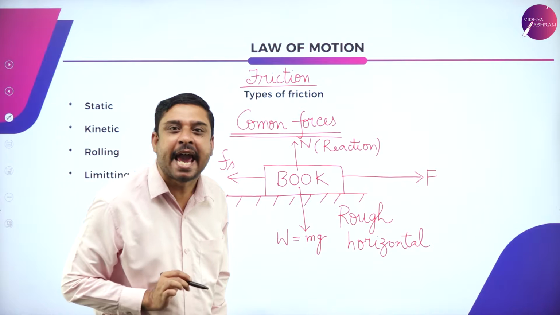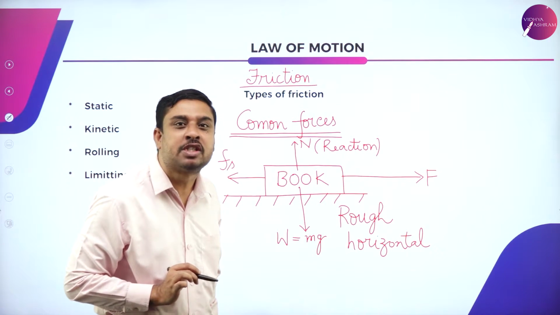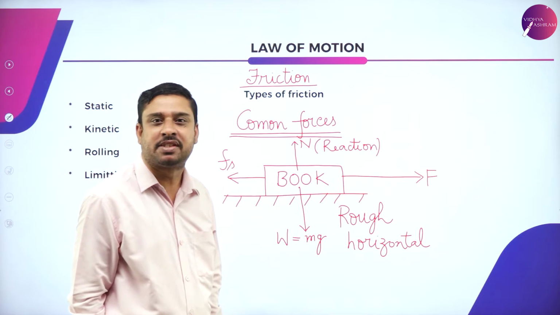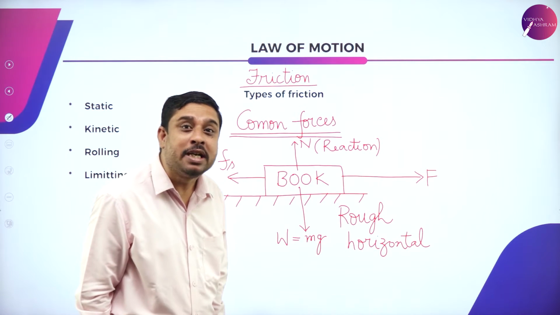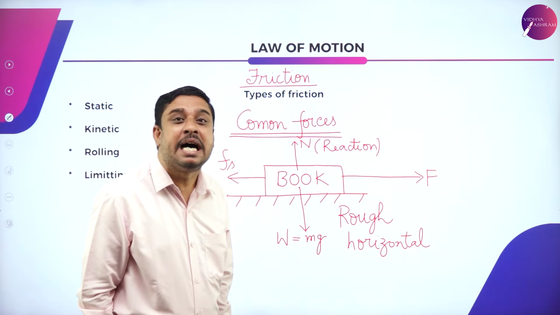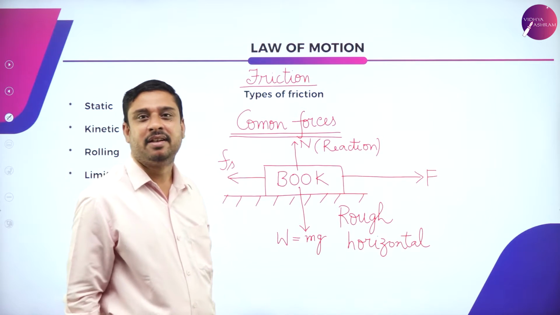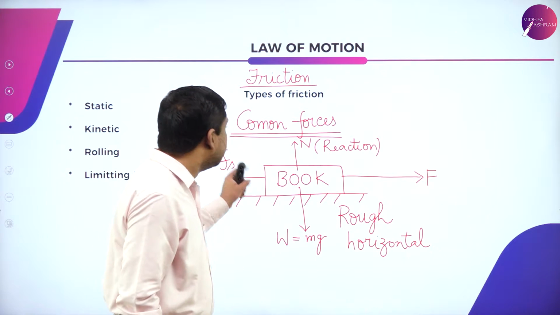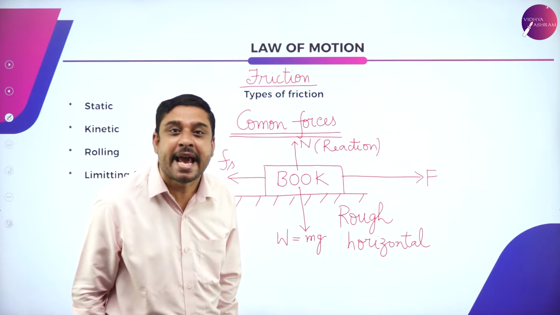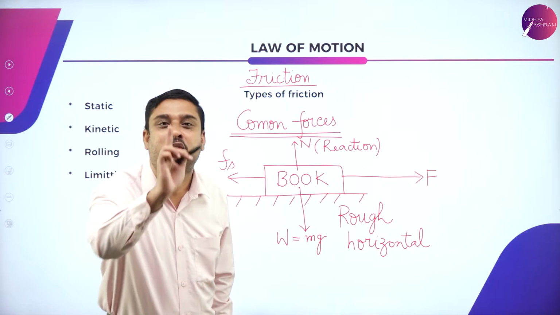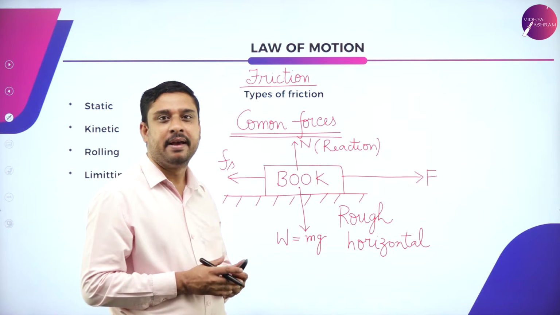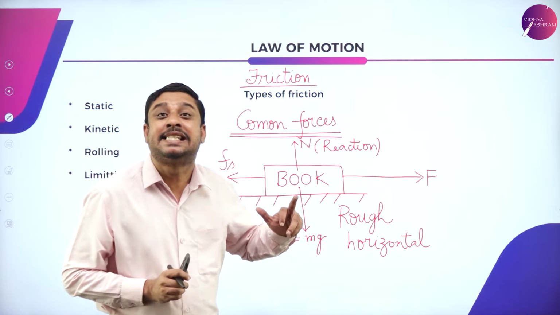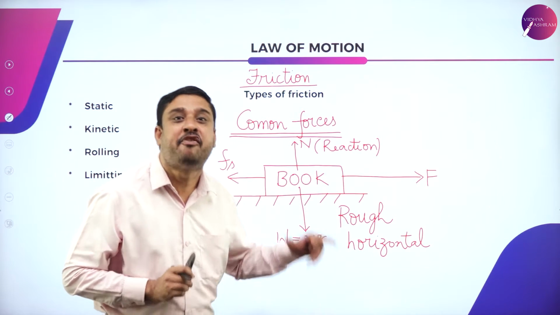Or I can say the frictional force opposes the applied force. Only above a certain limit, called the frictional limit, when this frictional force breaks down, the book starts to move. Therefore, by nature, friction is a self-adjusting force.